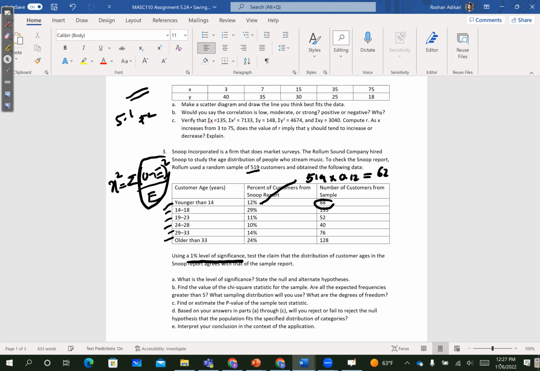For some reason my pen got stuck here. So that's how you find that. And degree of freedom is k minus 1. So k is number of categories. And then give me a second, guys.